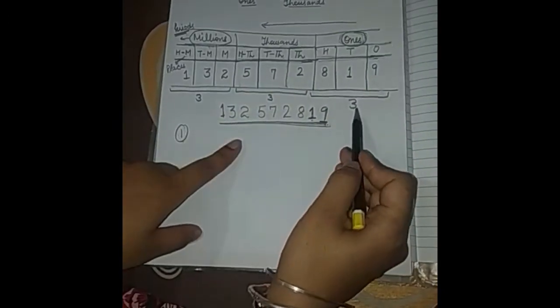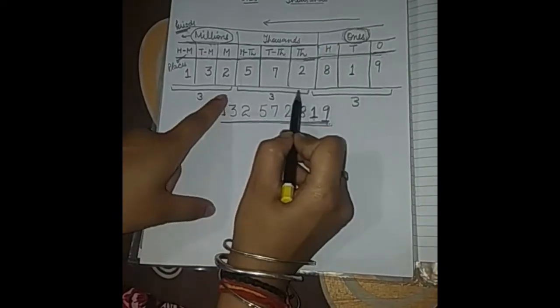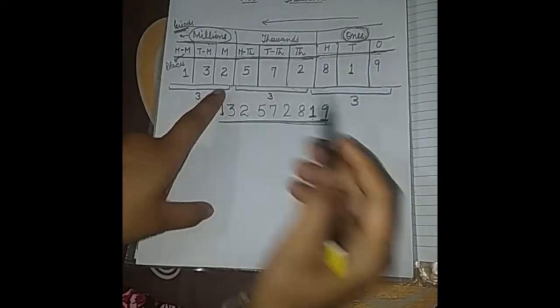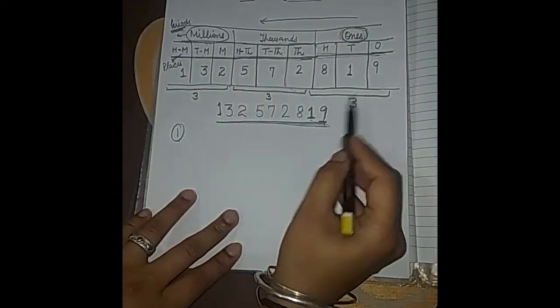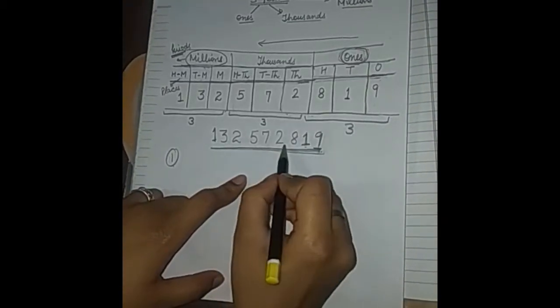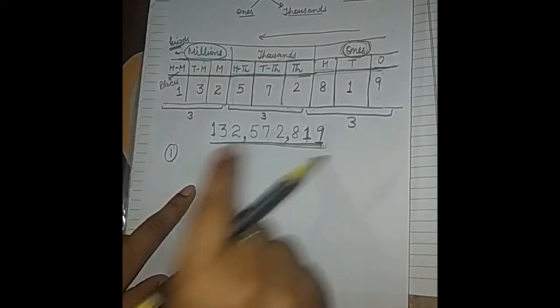So we have to put the comma after three digits, moving from right to left. The ones period ends after three digits, so put the comma. Then after the next three digits, we will put a comma. This was the first rule.